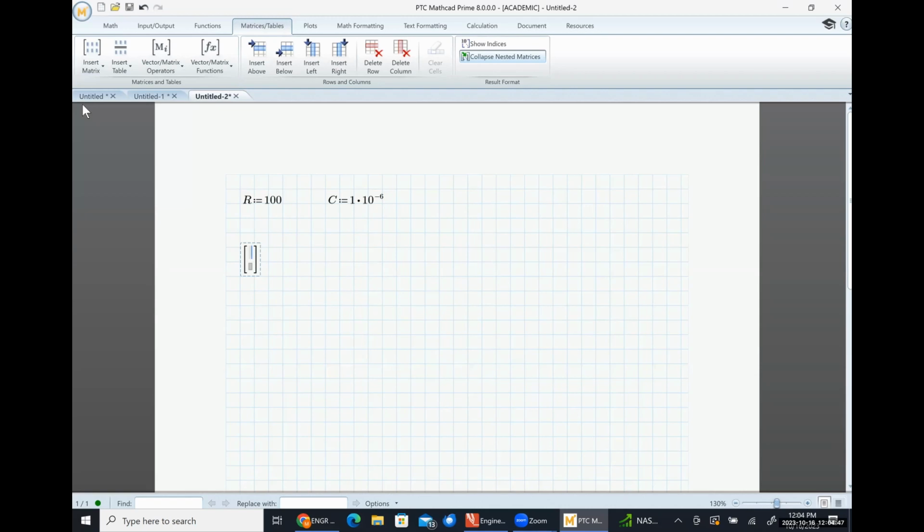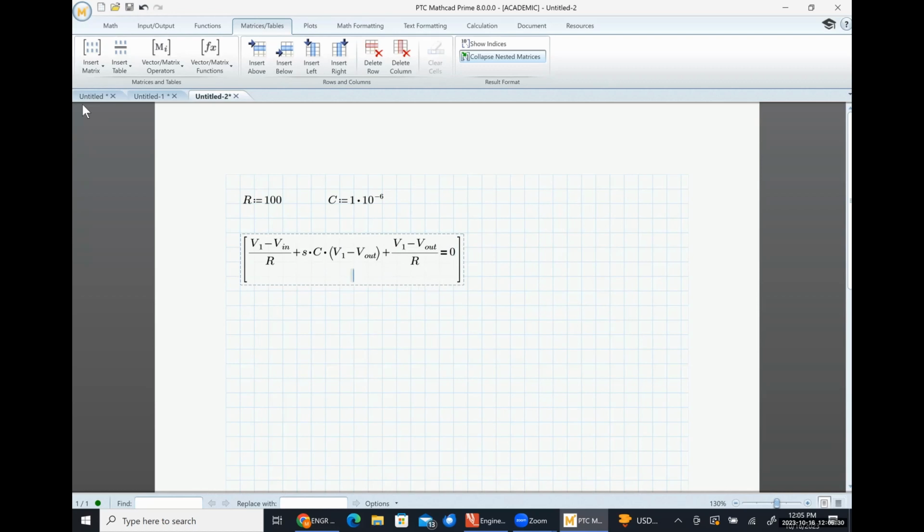So our first equation, we're going to have V1 minus Vin divided by R plus s times, that's not times, C times V1 minus V out plus V1 minus V out divided by R is equal to 0.